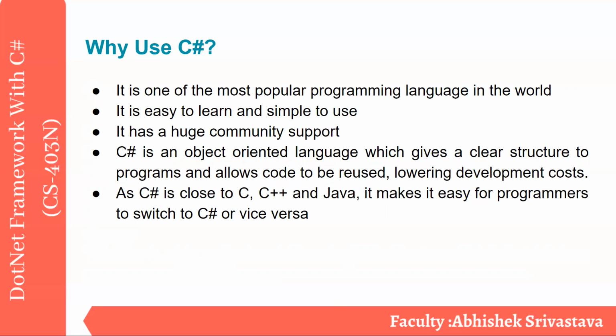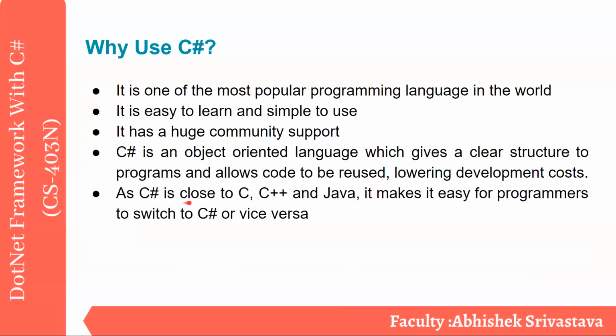Since C Sharp follows object-oriented programming, we can reuse the code of C Sharp, lowering development cost, because it's licensed. It is not open source, it is not free to use. That's why we say lowering development cost, because you are reusing.